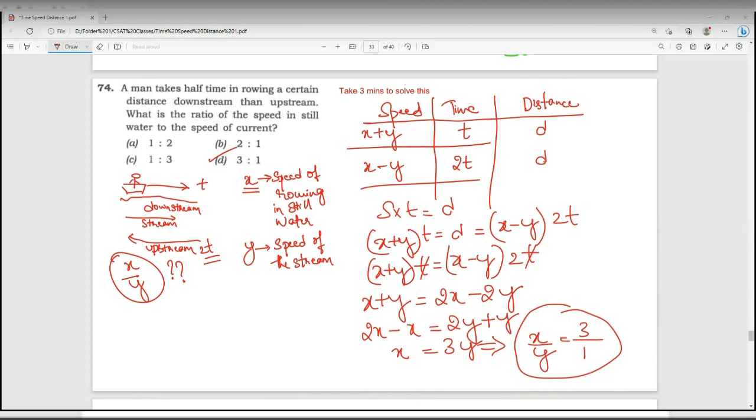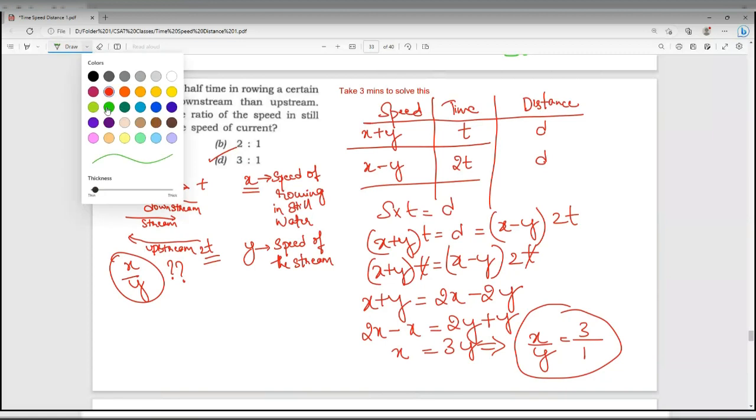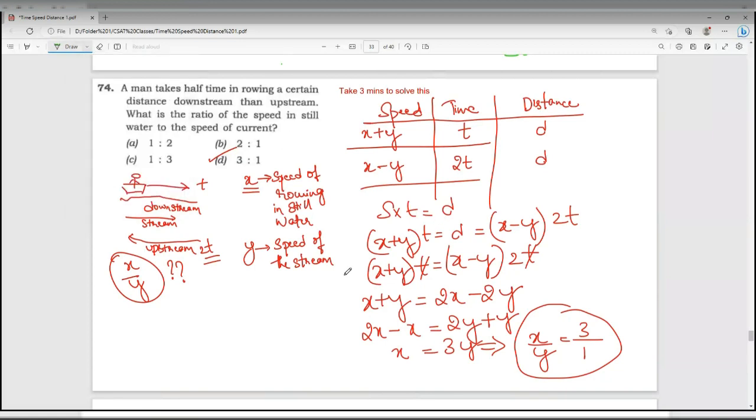So for example, if he's taking 2t time for upstream, he'll be taking t time for downstream. So logically, if he is going with the flow of the water, the time taken would be less.